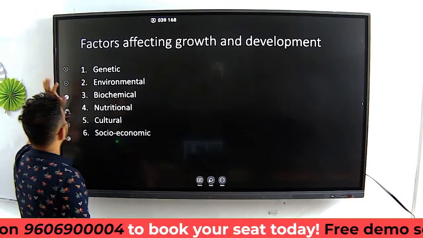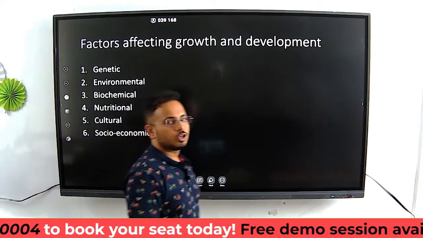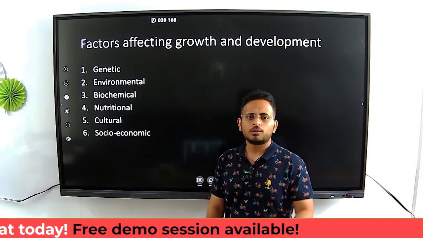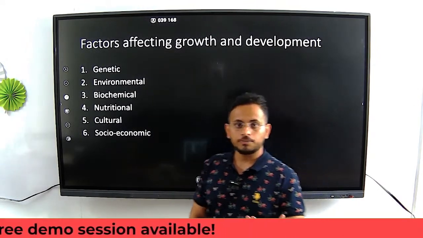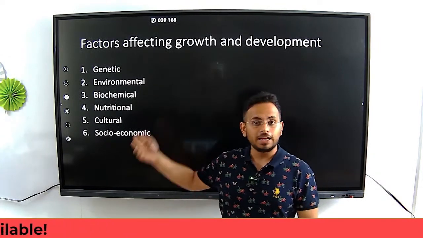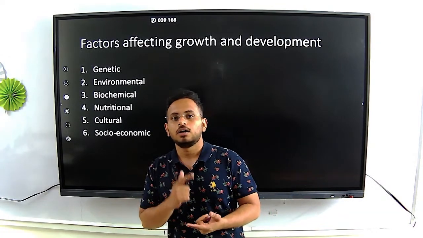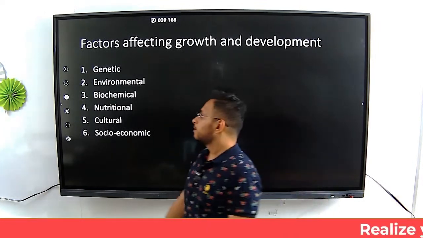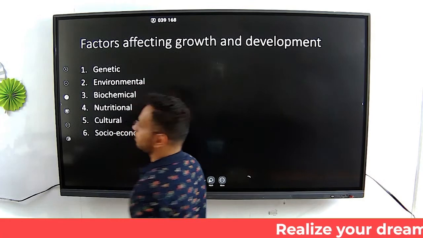And a very important one, factors affecting growth and development. We've talked about growth, we've talked about development, we've also talked about the stages of growth, and we've also talked about explanation of the stages of growth. One is the adolescence, second one was the senescence. And what are the factors that affect growth and development?